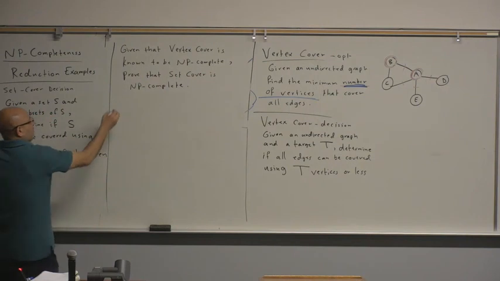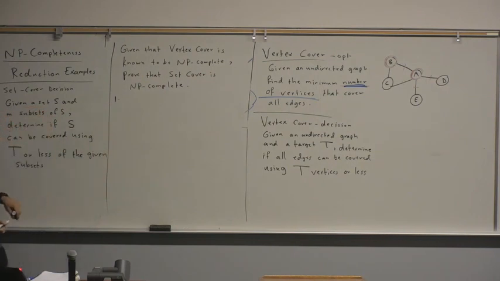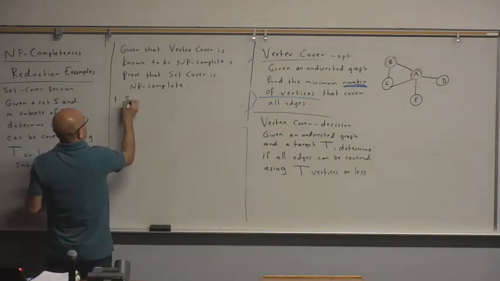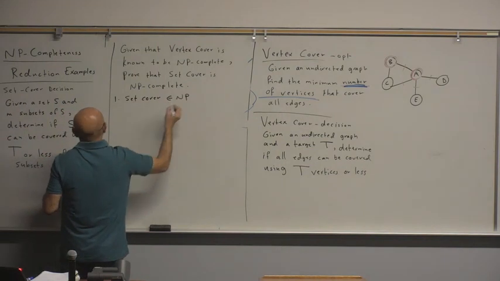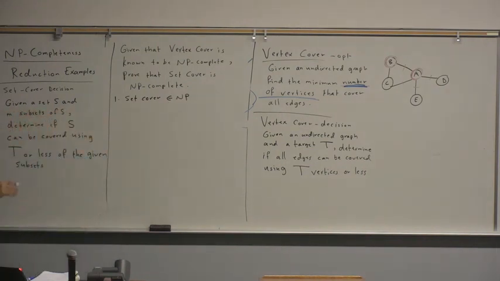Now the first step, we need to show that set cover is verifiable in polynomial time. So set cover belongs to NP, and this is usually easy. How do we verify that set cover is verifiable in polynomial time?